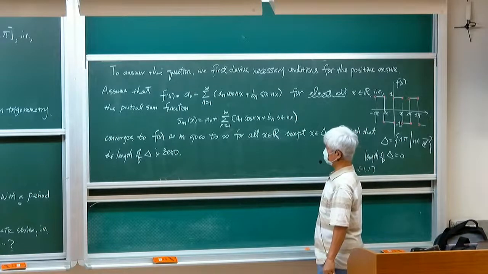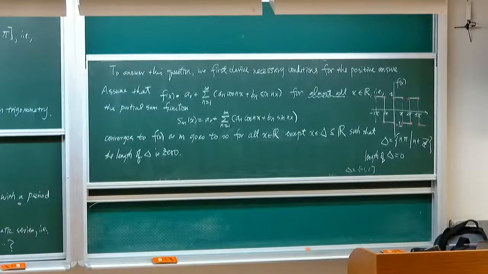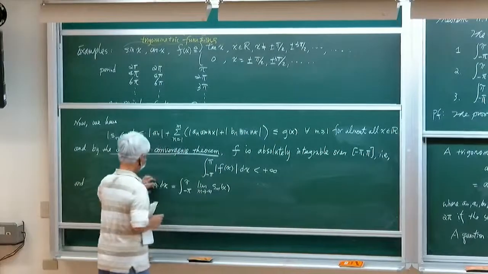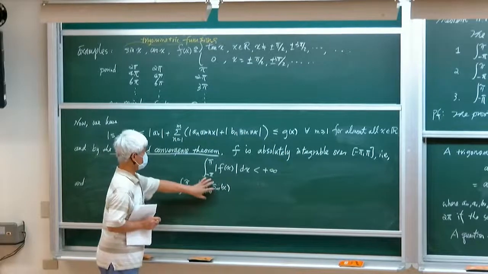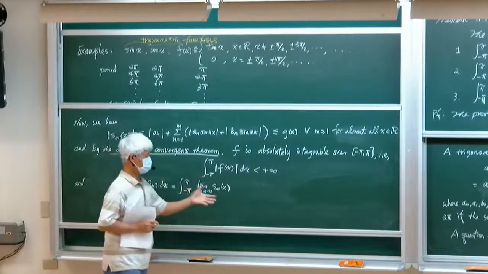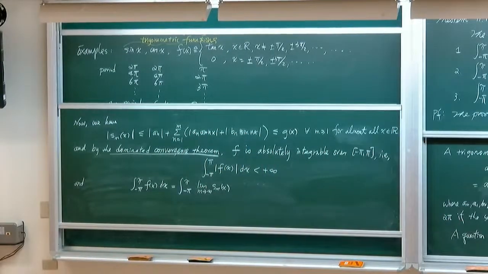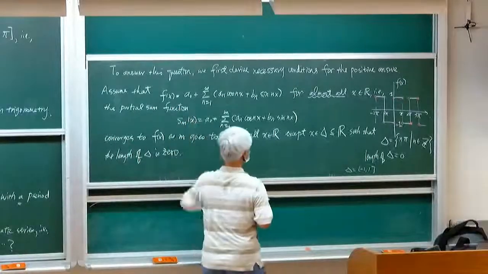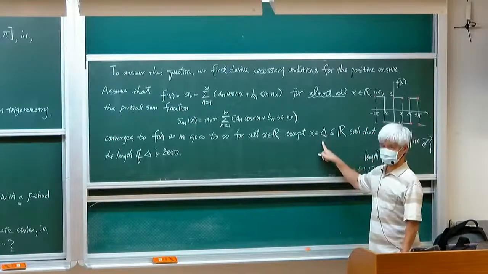So f of x and this limit, this limit may not converge, or if they converge, they may not equal f of x for all points in a subset delta.